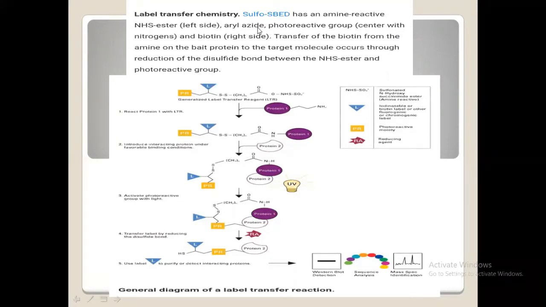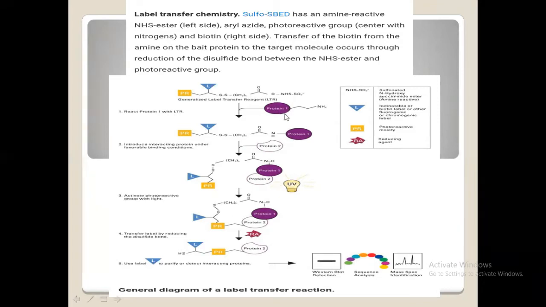For example, sulfo-SBED is a reagent that has an amine-reactive NHS ester. That is the group that is going to react with the amine group. So here you see that this violet color one is the protein.